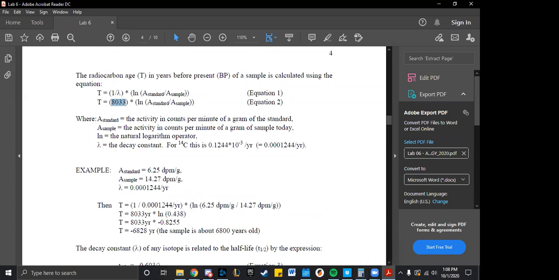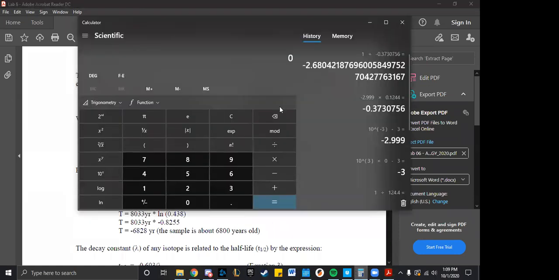So for 6.2, it's asking us to do a bunch of equations.